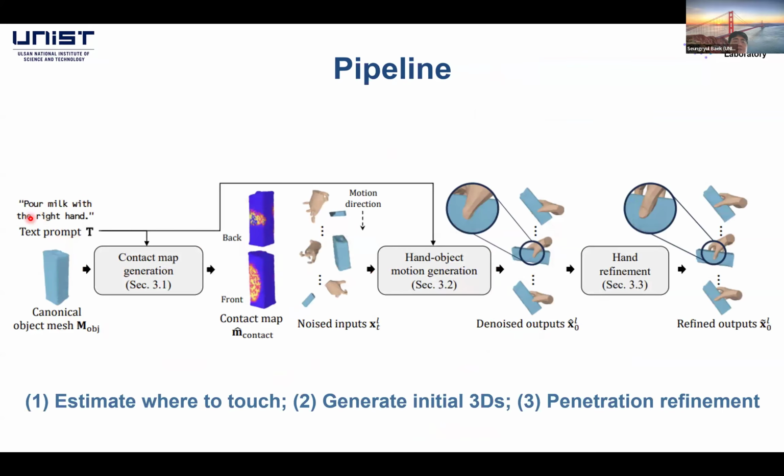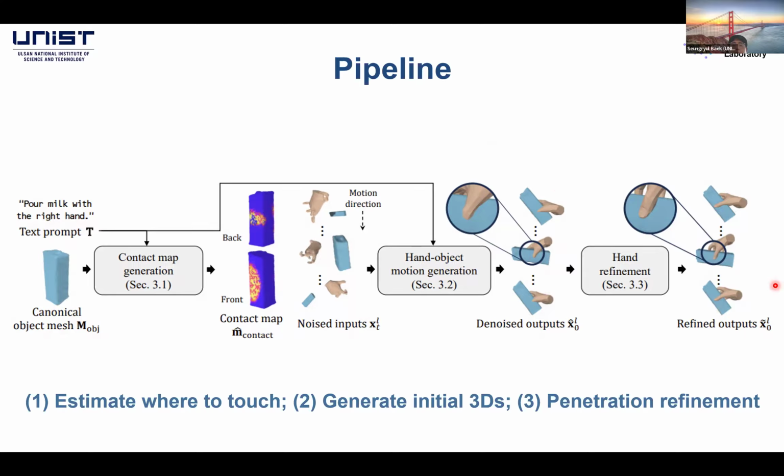So from text, for example "pour milk with the right hand", this is the text description, and we are also inputting the object meshes. For example, here we are giving the milk object mesh. Then, using the diffusion model, we map these two input signals to sequences of the hand, okay?